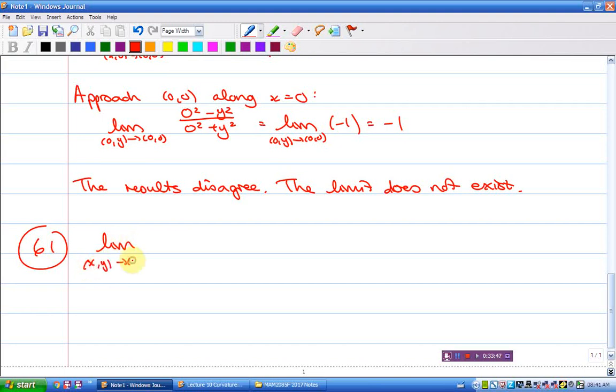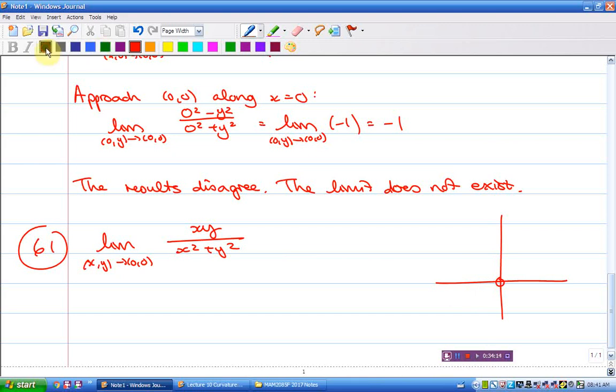Again, 0, 0. What's the time? Got to watch the time. x, y over x squared plus y squared. We've been asked, does this limit exist? Okay, I'm going to draw a domain picture again. We want to approach that point. I'm going to approach along one of the axes.